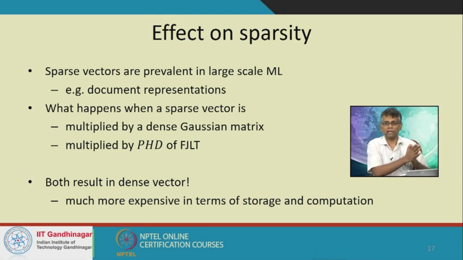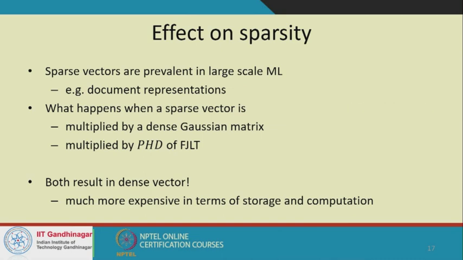In fact, even if the original vector had a single non-zero entry, the final vector is likely to have all d non-zero entries, basically full density. This can become much more expensive in terms of both storage and computation.